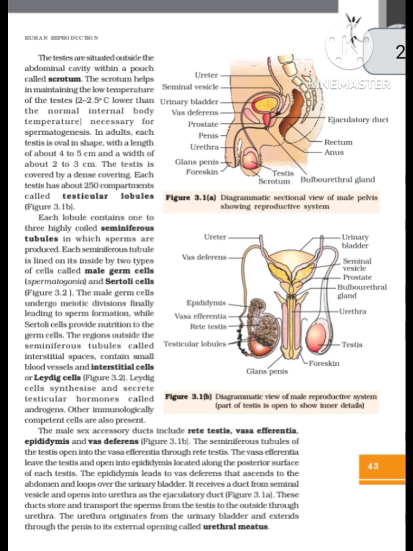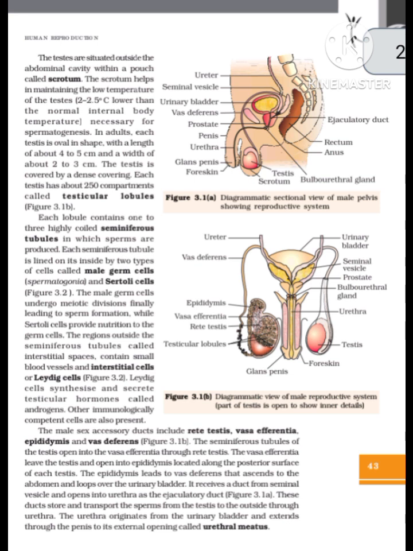Figure 3.1a. Diagrammatic sectional view of male pelvis showing reproductive system, figure 3.1b. Each lobule contains 1 to 3 highly coiled seminiferous tubules in which sperms are produced. Each seminiferous tubule is lined on its inside by two types of cells called male germ cells, spermatogonia, and Sertoli cells, figure 3.2.